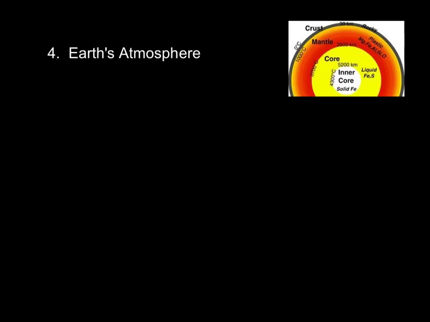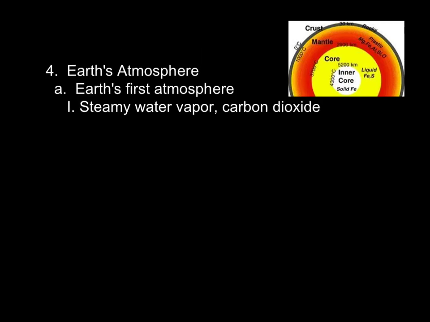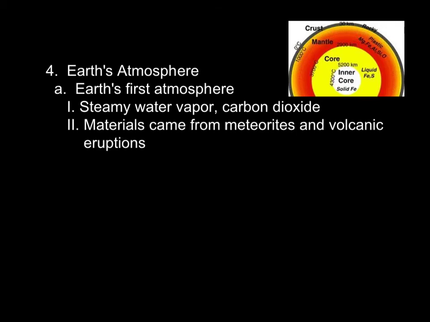This now leads us to the development of the Earth's atmosphere. The original atmosphere of the Earth is believed to be very steamy, full of water vapor and carbon dioxide. The materials that made up this atmosphere came from meteorites and volcanic eruptions.